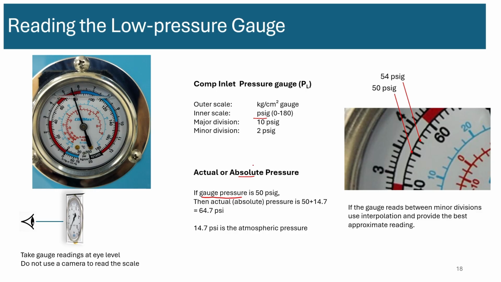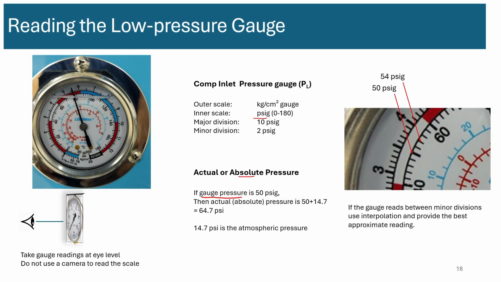Absolute pressure is the actual pressure of that particular measurement. Gauge pressure is neglecting the atmospheric pressure. So you have to add the atmospheric pressure on top of the gauge pressure to get the actual total pressure. Okay. So first of all, let's look at the scale.